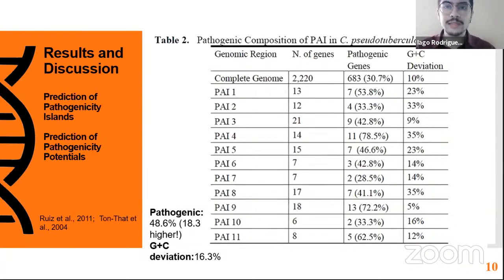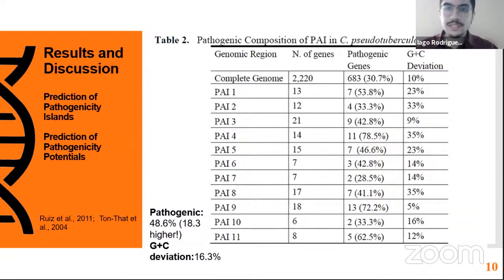We could conclude that for all predicted regions, the calculated pathogenic percentages were higher than the complete genome when compared, and in general, they are formed by low GC content regions. We could find a mean value of 48.6% of proteins predicted as pathogenic in these regions, which is about 18.3% more than when compared to the complete genome.